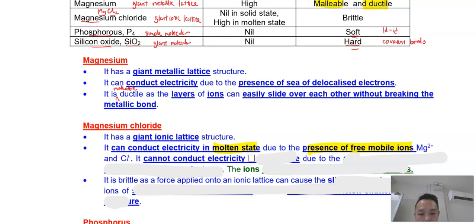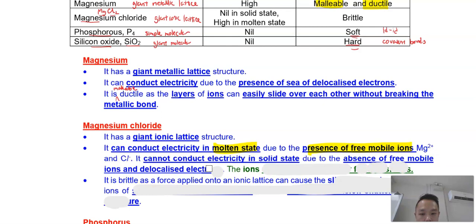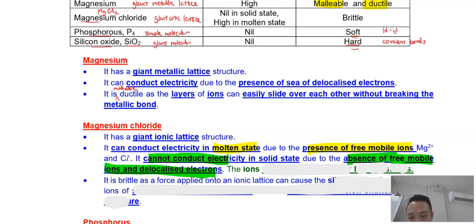It cannot conduct electricity in the solid state because there are no free mobile ions and delocalized electrons. Whenever you want to explain why something cannot conduct electricity, we always talk about the absence of free mobile ions or delocalized electrons.